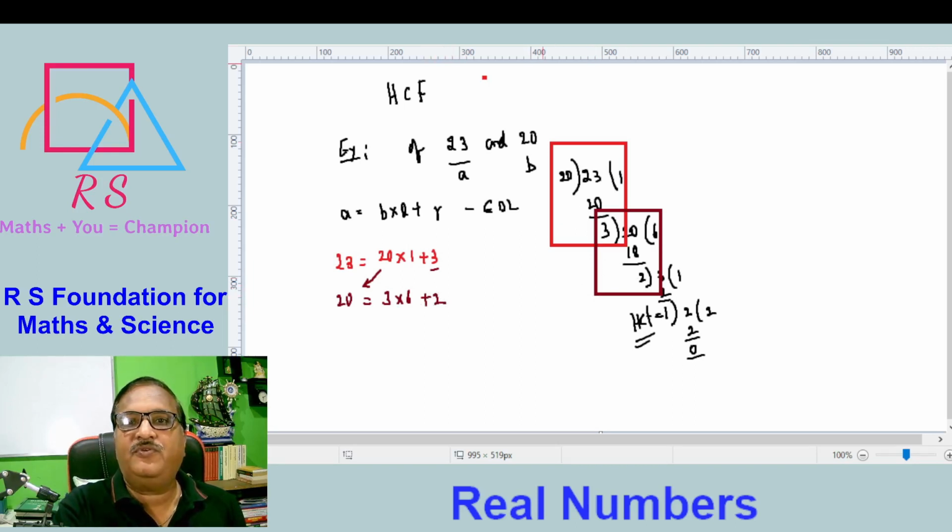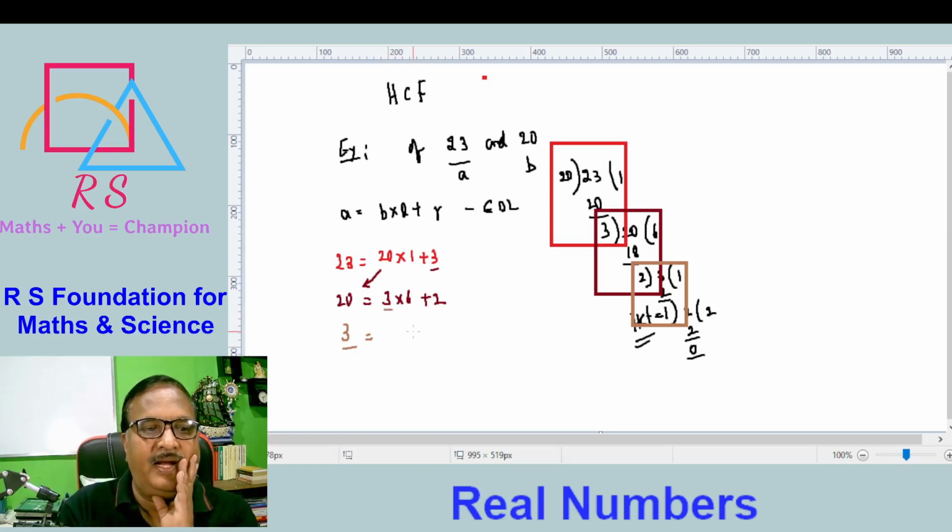Let us go to the fourth division. Again the divisor 3 becomes dividend and the remainder becomes divisor, so 3 equals 2 into 1 plus 1, where 1 is the remainder.